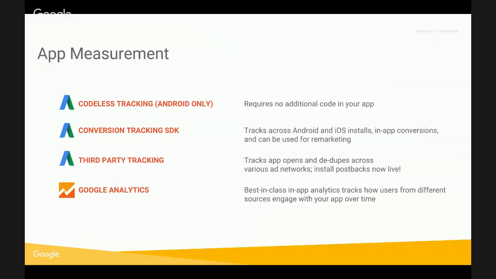Finally, we have Google Analytics. It is the best-in-class in-app analytics, and tracks how users from different sources engage with your app over time. Of course, I will mention more in-depth details about ways of app measurement and their benefits shortly after.